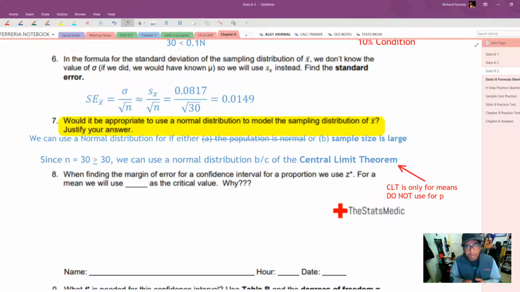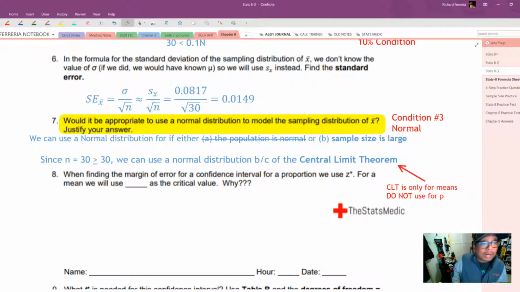You will get burned if you try to use the central limit theorem for a confidence interval involving p. And this is all condition number 3, normal. As we see, there are 2 ways right now of satisfying condition number 3. Either we start off with a normal population, or we have a large sample size.